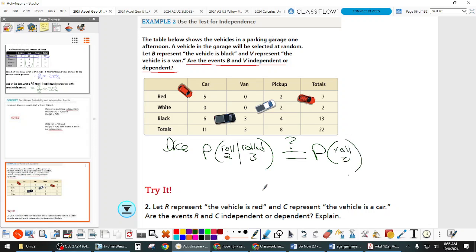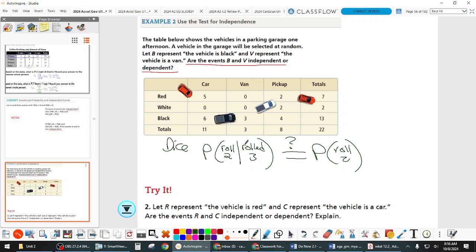In other words, if knowing the thing happened does not change the probability, they are independent. If knowing the thing happened does change the probability, they are not independent. Does that make sense?